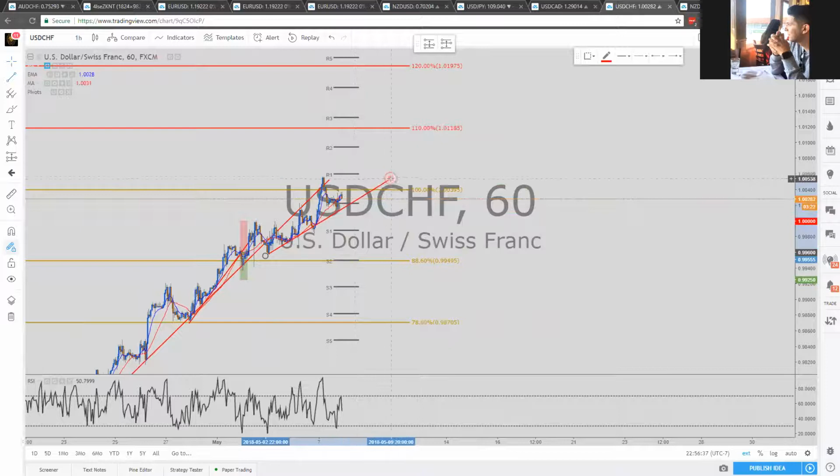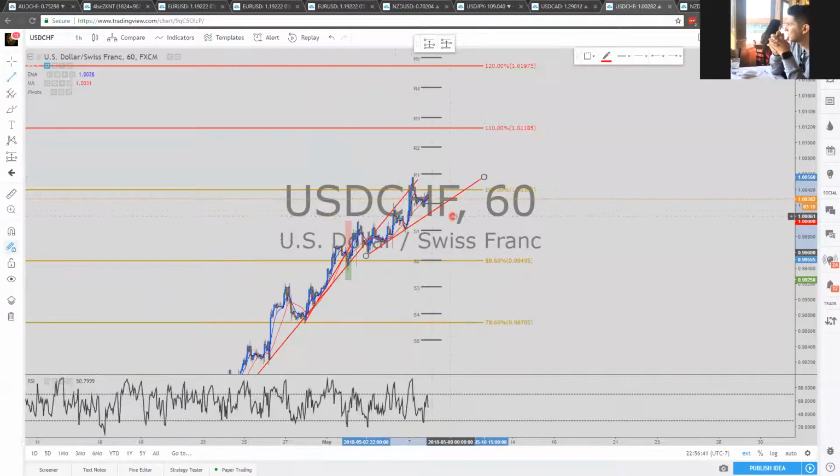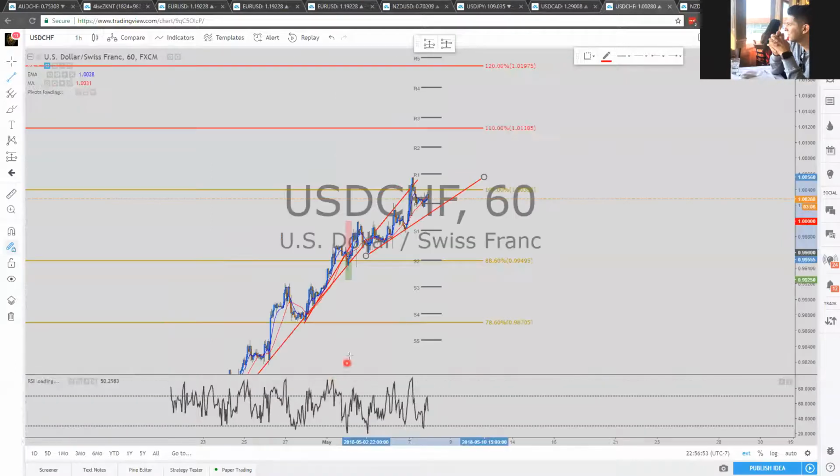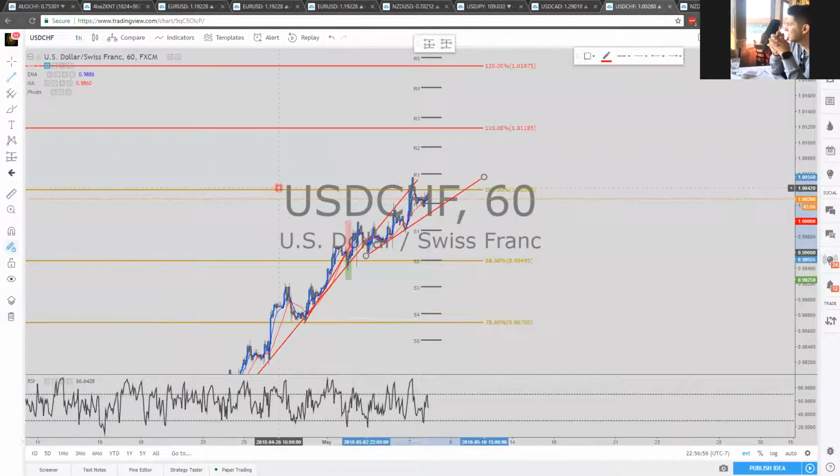But if you were to catch this one on that reversal, right now it's still an uptrend. I would wait for this one. It's not really showing divergence here. Let's see.